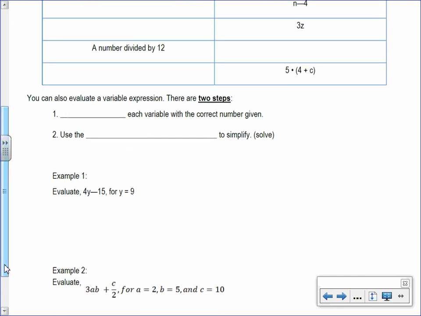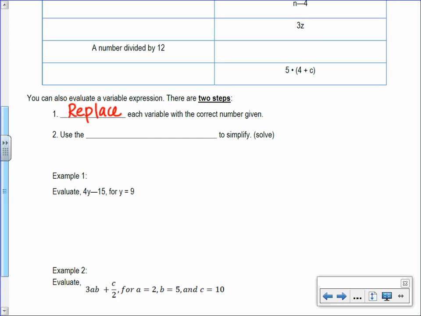All right, let's go down to the very last part. You can also evaluate a variable expression. There are 2 easy steps. So this is in a situation where it's a variable expression, but they tell you what the variable stands for. So they might tell you a is 8, they might tell you b is 4, something along those lines. They're basically going to tell you what the value of the letter is. The first step is replace each variable with the correct number given.